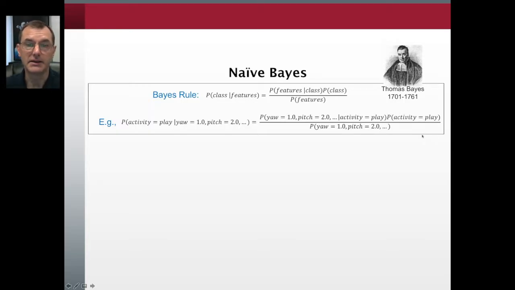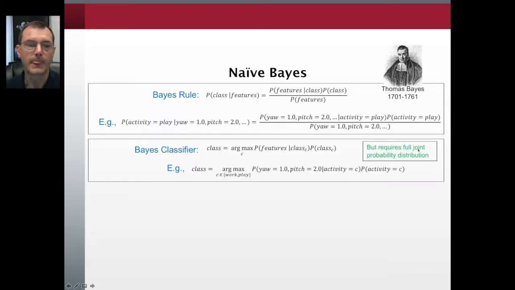So that is how we use Bayes' rule in order to turn the question around from a kind of prognosis to a diagnostic type question. Now if we wanted to use this to do classification, then basically what we do is we compute this probability of class given features for every possible class we could consider, say in our case work and play, and whichever one has the higher probability, that's the class we would predict.